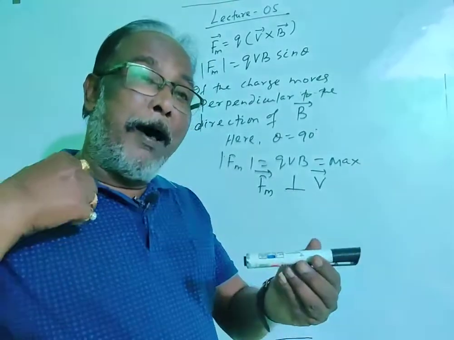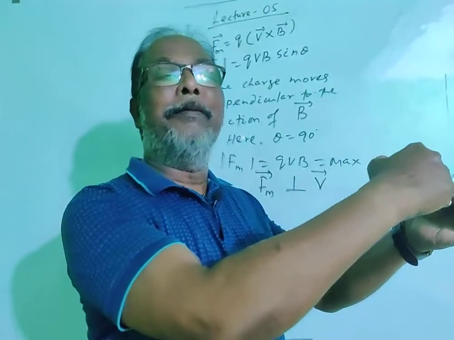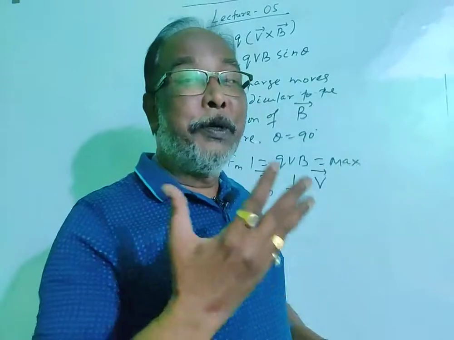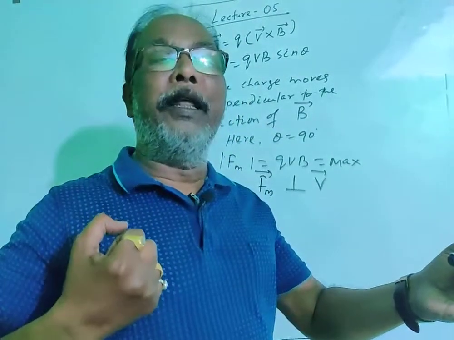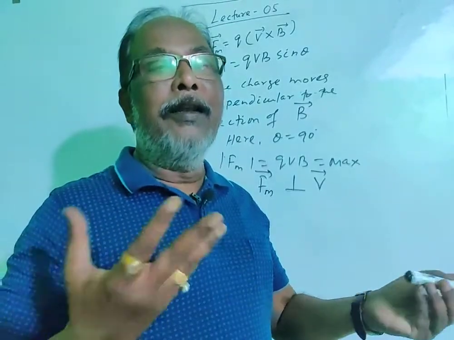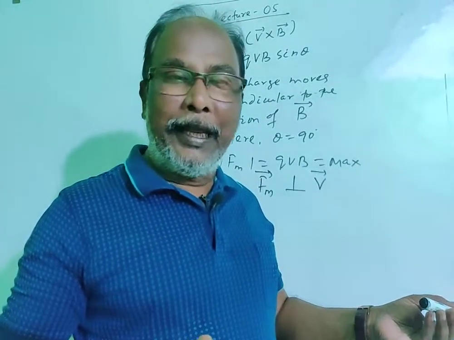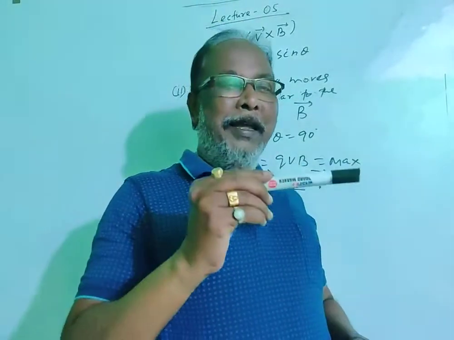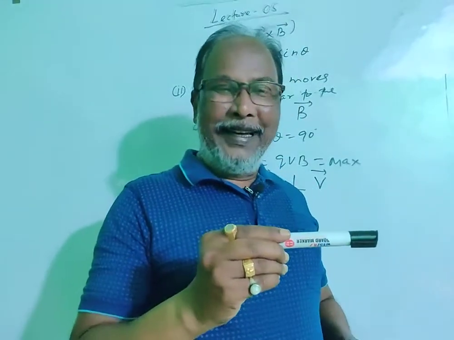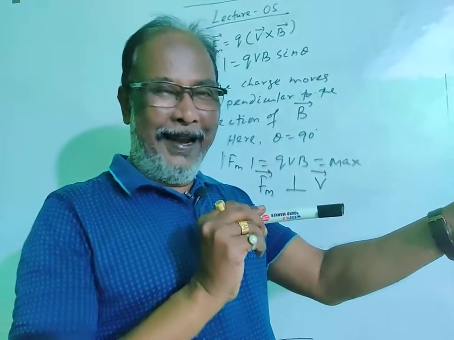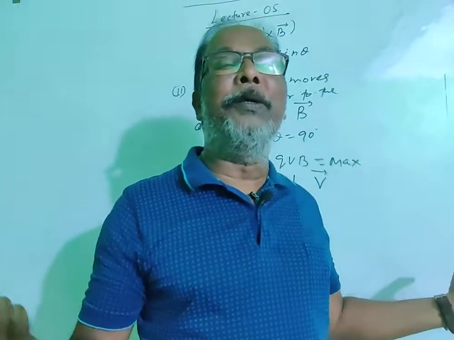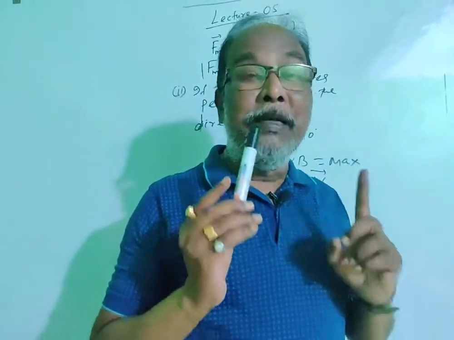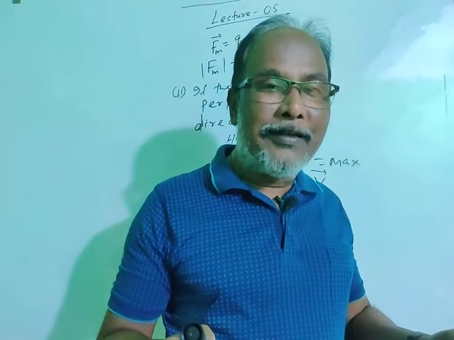If force were along the direction of velocity, magnitude of velocity would increase. If force were opposite to the direction of velocity, then magnitude of velocity would decrease. But here, force has no component either along or opposite to the direction of velocity. So magnitude of velocity doesn't change, means speed remains constant.